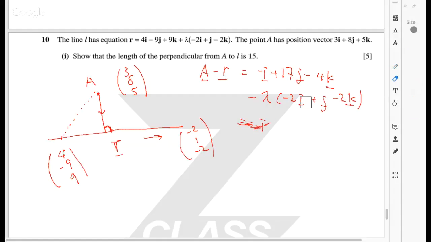So we now have an expression of a line segment that's between a point on the line and A.